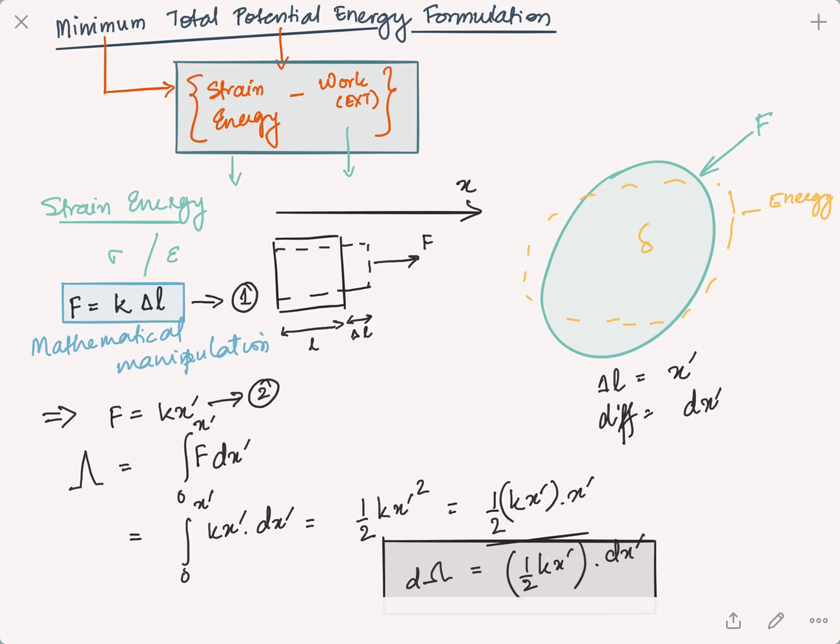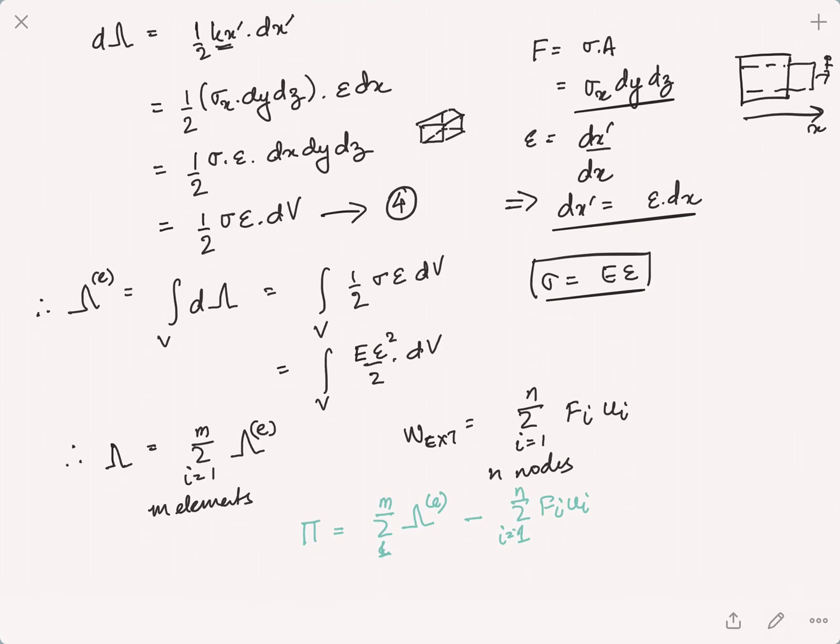That means we would have to minimize it for every displacement ui, as we have mentioned in the external work done. Once we minimize it for every displacement, we will be able to find the equations which will lead to the setup of the finite element equation for the system.